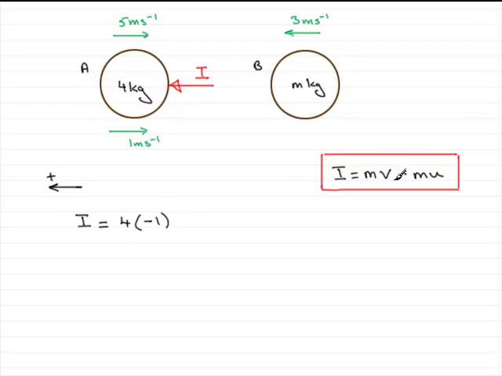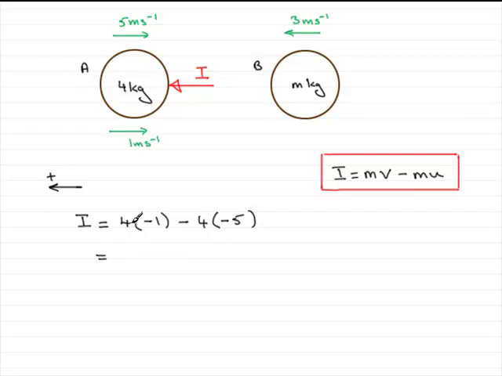Then we've got minus the mass, which is 4, times the initial velocity, u. And again we see that the initial velocity is 5 meters per second to the right, which is in the opposite sense to this arrow, so that's going to be minus 5. So always take care with questions like this.